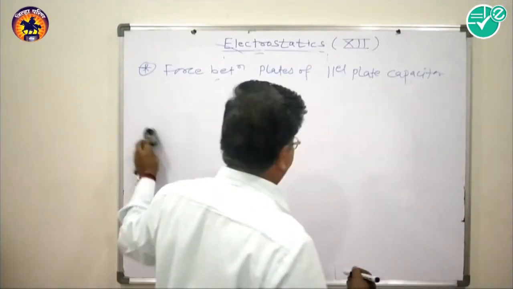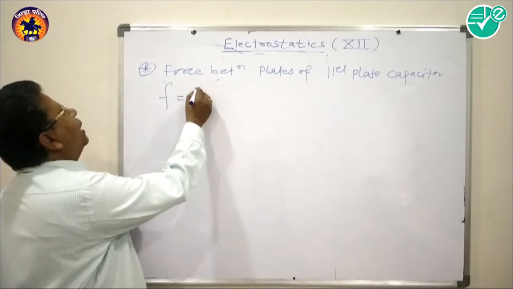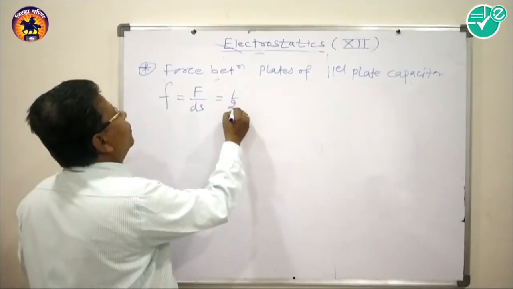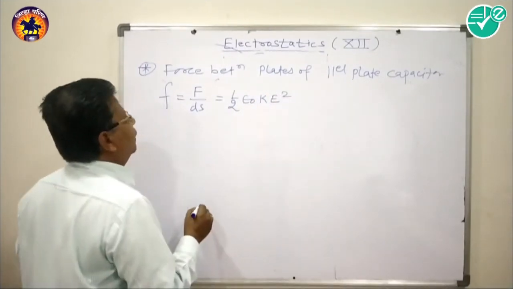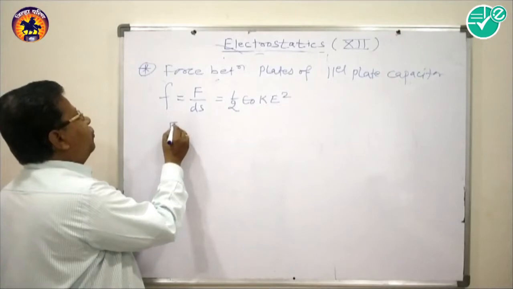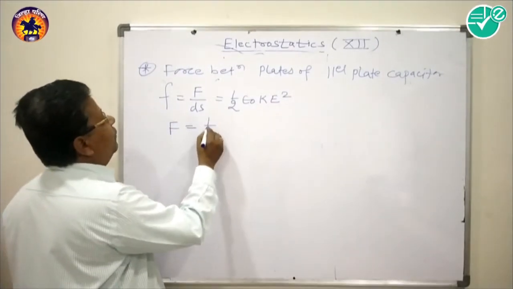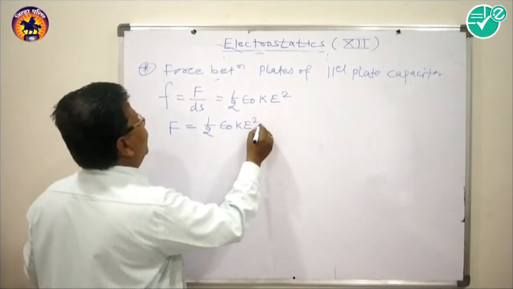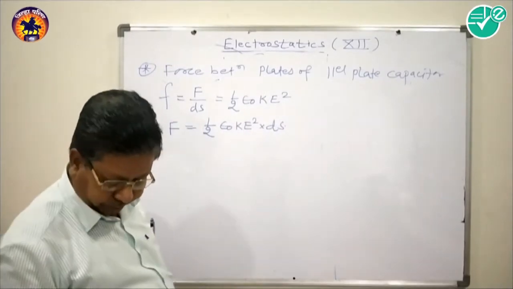As we know that mechanical force per unit area, that is small f is equal to capital F by dS, is equal to 1 by 2 epsilon 0 K E square, and therefore force between two plates of the conductor is given by 1 by 2 epsilon 0 K E square into area dS.